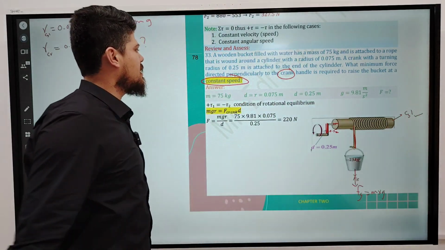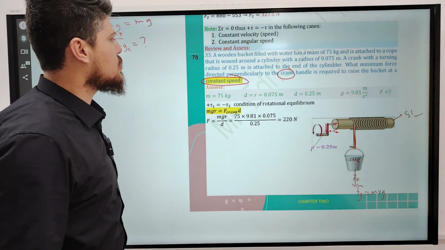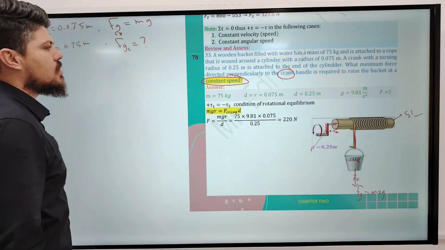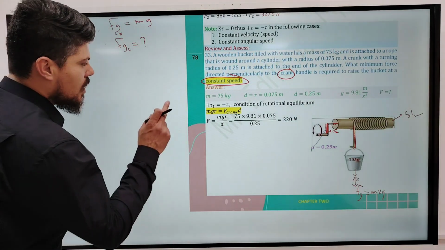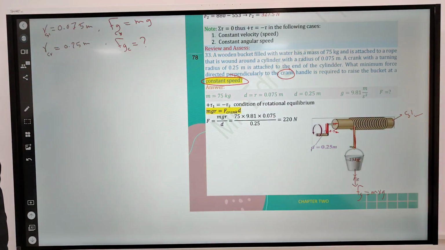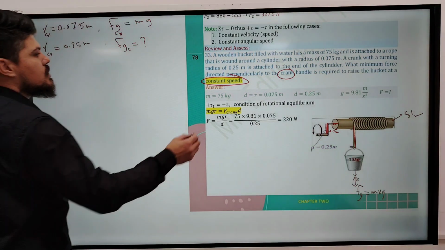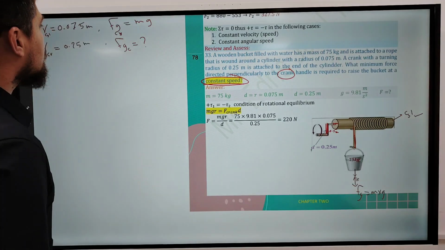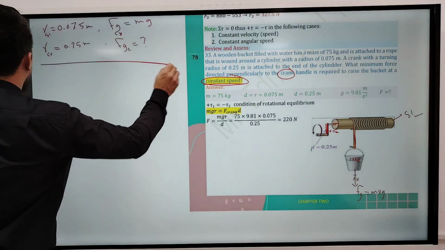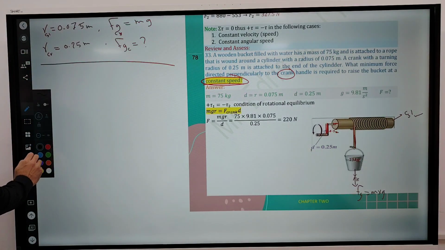The force on the crank is unknown. If the object has a constant speed, its rotational speed is also constant, so the system has both translational and rotational equilibrium.